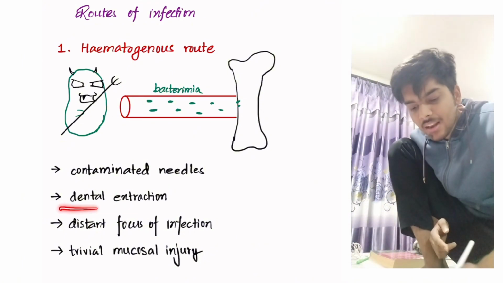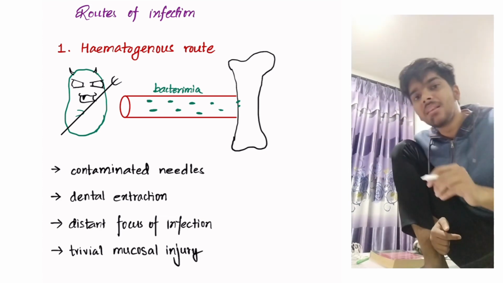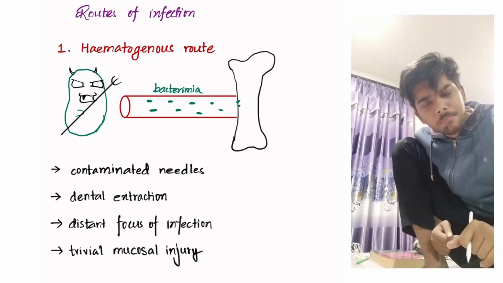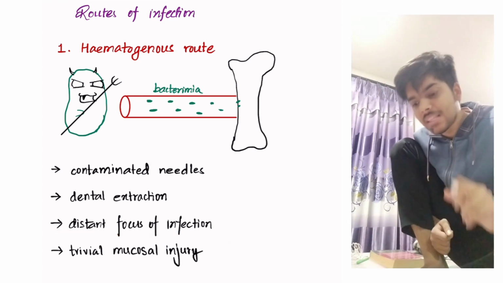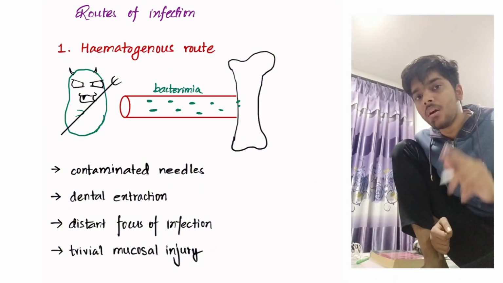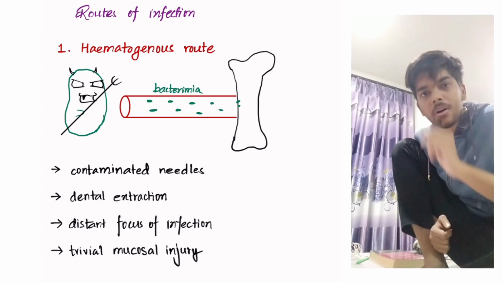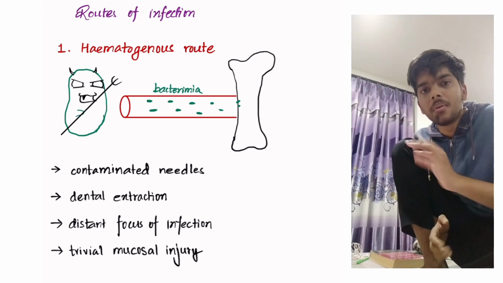Second is dental extraction. When your tooth is extracted, the blood vessels are exposed and they are susceptible to infection. Similarly, distant focus of infection. This means that the origin of bacteremia is at a point in your body, and from that point, the bacteria enter your circulation.